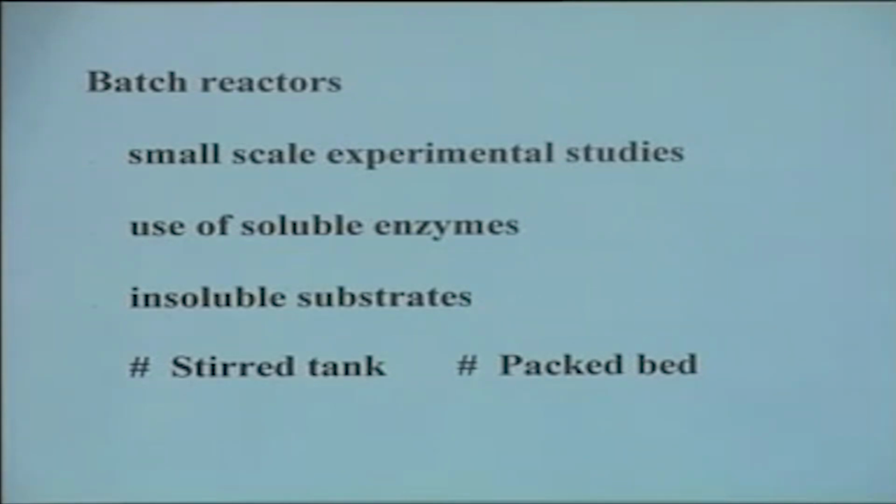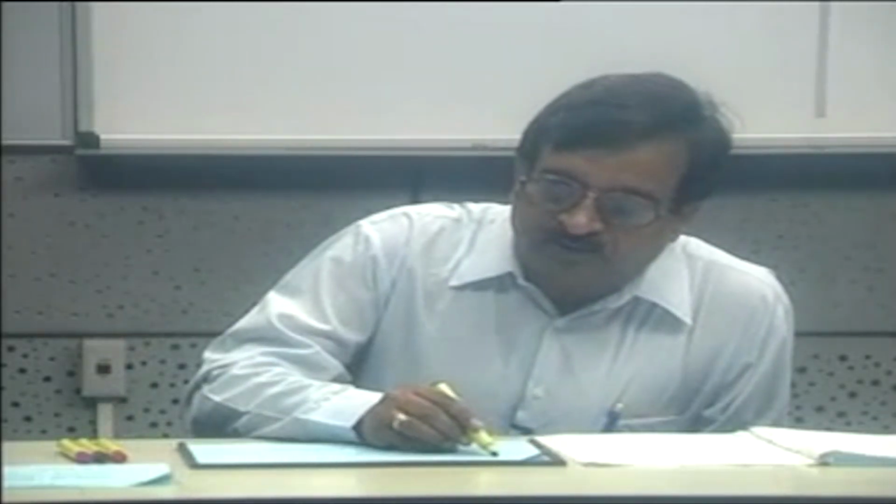Similarly, at the outlet you also need a pump to withdraw the product stream, whereas in a batch reactor you just initially charge the reactor, continue under reaction conditions, and then discharge the reactor at the end and do a cleaning operation. So no supporting structures are required, and therefore they are very simple and find very common application in small scale experimental studies.